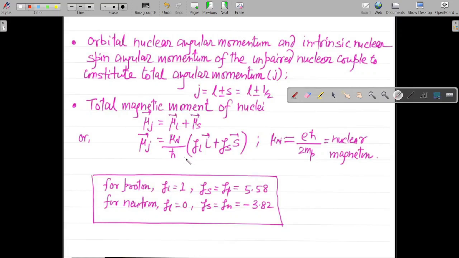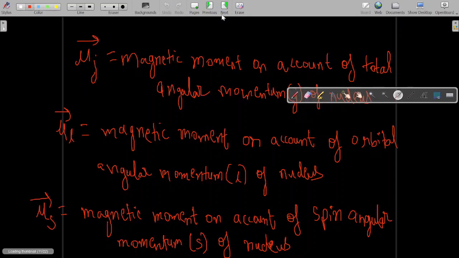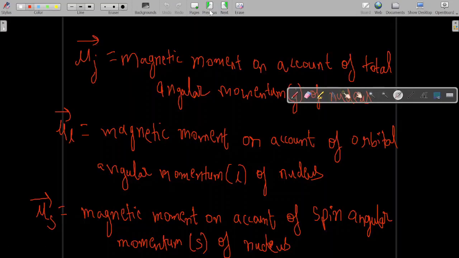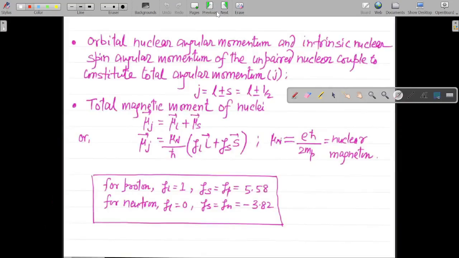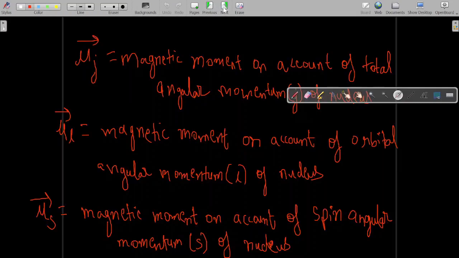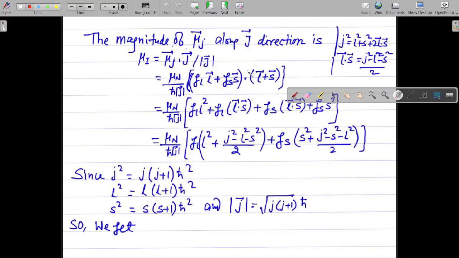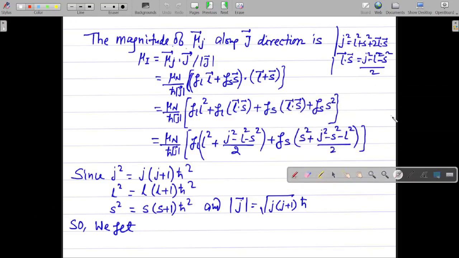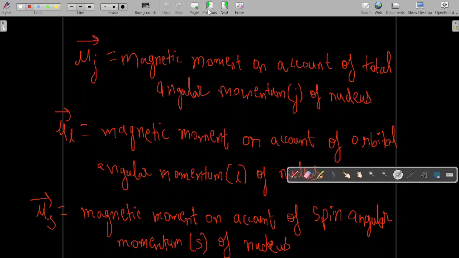As soon as you substitute all these values, what happens? These are the values we have already discussed, so we will substitute them at the very end. How to find the magnitude of μJ along the J direction, from here onwards we will discuss in the next class.